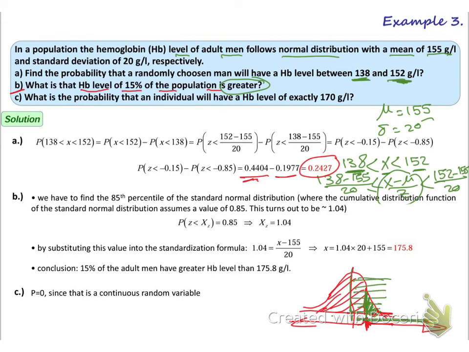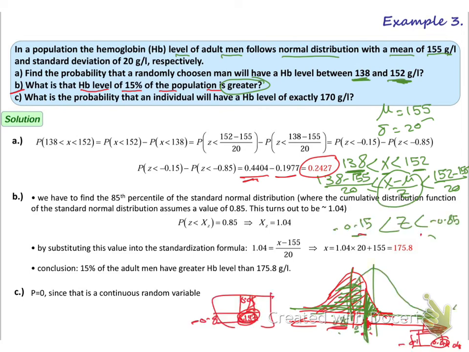So let's talk about the greater. Greater goes to the right. So I said 15% greater, and this here is the 15% greater. The other way, we have 85%, which is excluded. So in order to get this number, I have to calculate the 85%.